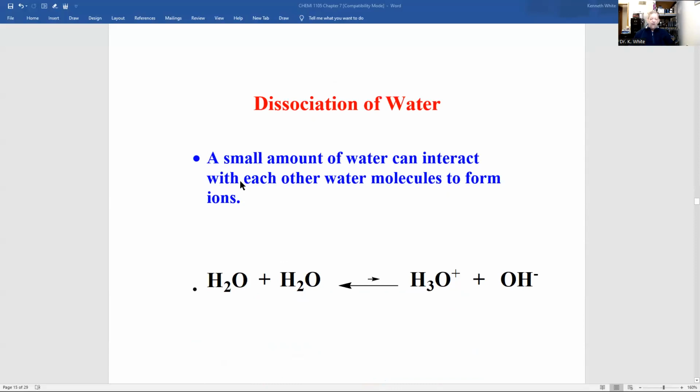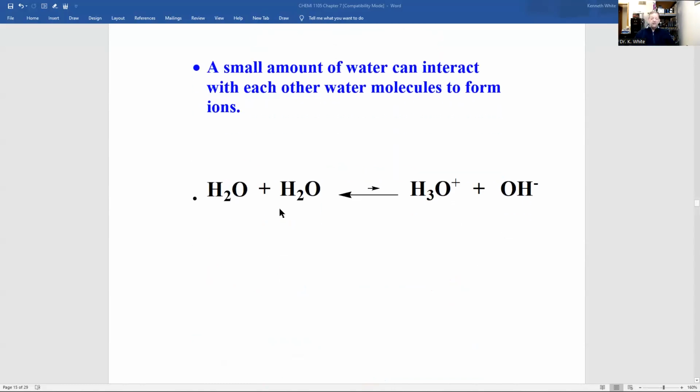Now, let's talk about water. Water is an amazing chemical. I bet you don't think of the stuff in this bottle as a chemical. It is. Now, it turns out water can react with itself. When you have two water molecules reacting, there's an equilibrium.